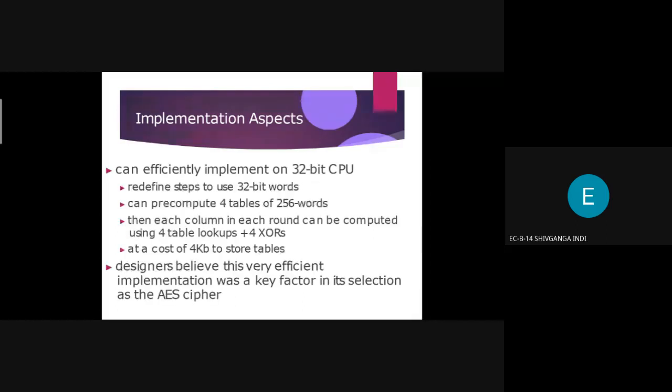The same thing, we can also implement the AES algorithm on 32-bit CPUs. To implement the AES algorithm, we can consider various hardware specifications. It might be an 8-bit CPU or a 32-bit CPU, and we have to consider our four states: byte substitution, shift row, mix column, and add round keys.